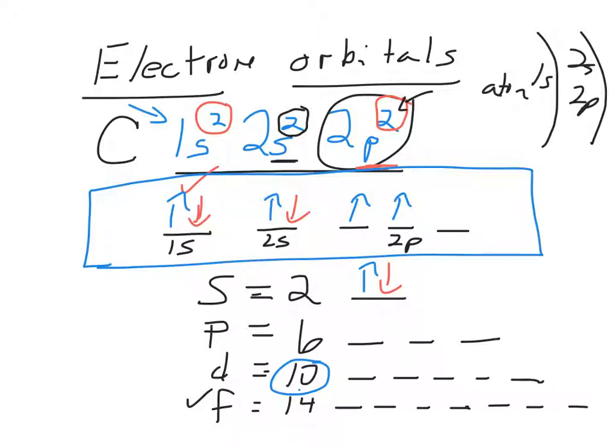Because every single blank can have up to 2 arrows. But remember, the arrows that go up first, those spins must go first before you can have the bottom arrow. That would be 1, 2, 3, and then this would be 4, 5, and then p6. Okay, we see that? Yes? Okay, let's do another one.